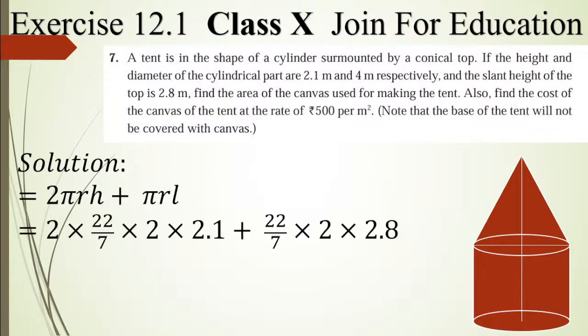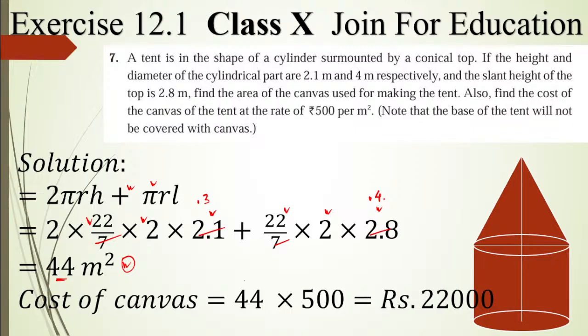So the value of π is 22 by 7, the value of r is 2, and the value of h is 2.1, plus the value of π is 22 by 7 and r is 2 and l is 2.8. We cancel out this, then we get here 0.3, and we cancel out this, then we get here 0.4. So after the simple calculation we get area of the canvas is 44 meter square.